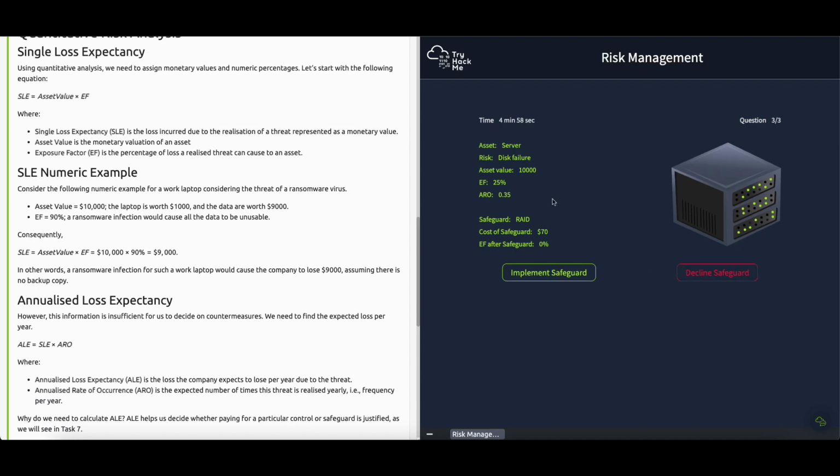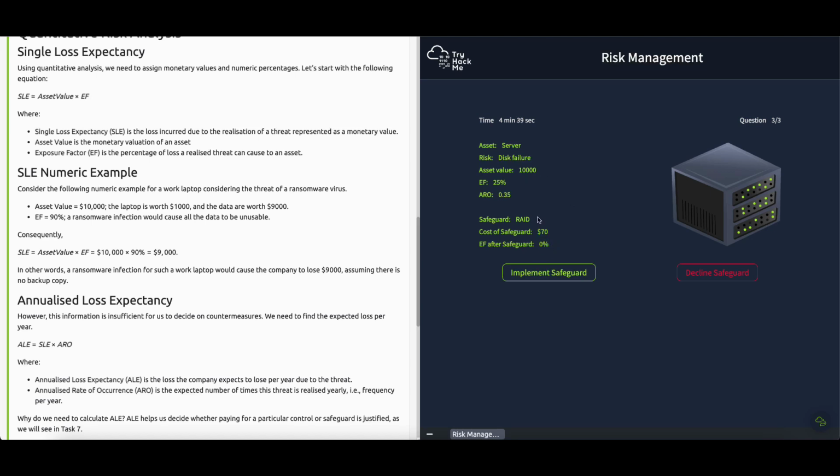For this question, the asset value is 10,000, EF is 25%, annual rate of occurrence is 0.35, cost of safeguard $70, and EF after safeguard is 0%.